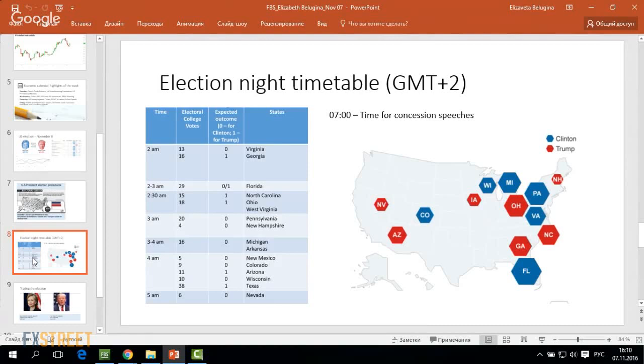So on this map on the right, you can see the so-called battleground states, in which we don't know for sure who will win, Clinton or Trump. And the victory in these states is a decisive factor for this presidential race.